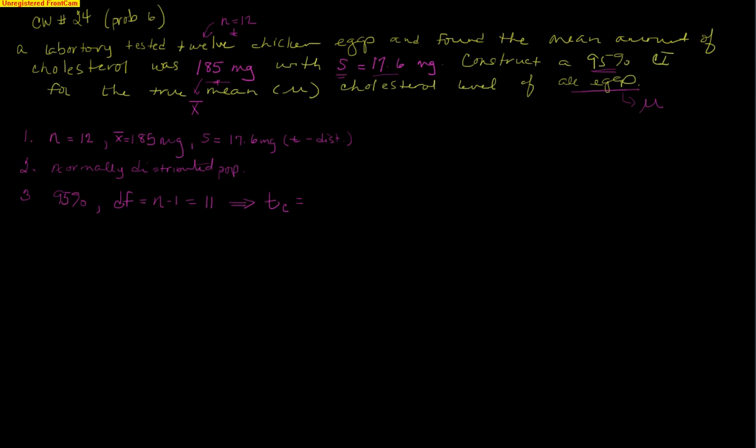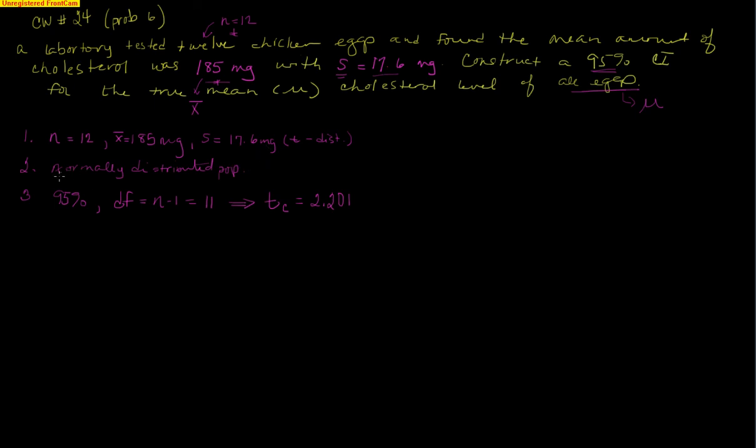So our critical value is 2.201. You'll notice that's a little bigger than a z-score at 95% confidence, which was 1.96. That's because it's a little more spread out. We have to go farther out in our standard deviations to cover 95% of the population.